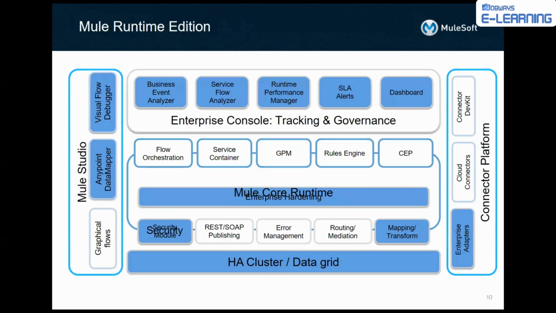This is the Mule runtime edition, which has routing, like the enterprise service bus I mentioned earlier. This enterprise bus is for tracking and governance purposes, with some rules and principles to work on. We can have a security model, and REST and SOAP publishing are nothing but APIs, like RAML, the RESTful API modeling language, and SOAP as a web service consumer.